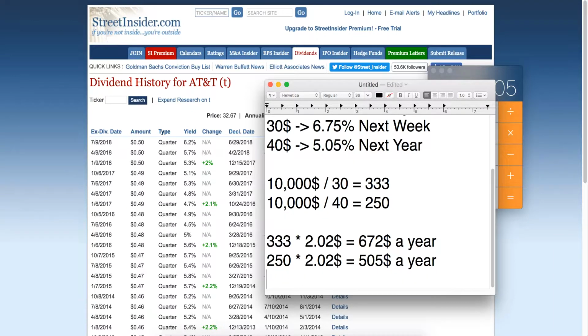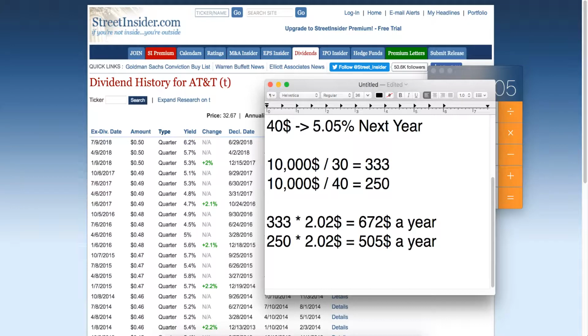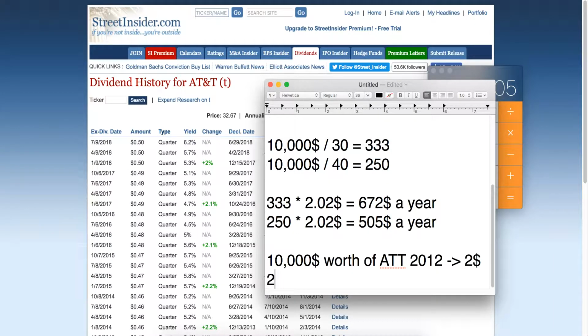And that basically means that, let's say you bought $10,000 worth of AT&T, and let's say that you bought it in 2012. In 2012, AT&T was paying $2 per year. Now, in 2018, let's picture that AT&T had some troubles, and the current worth of your stock is $7,000, right?